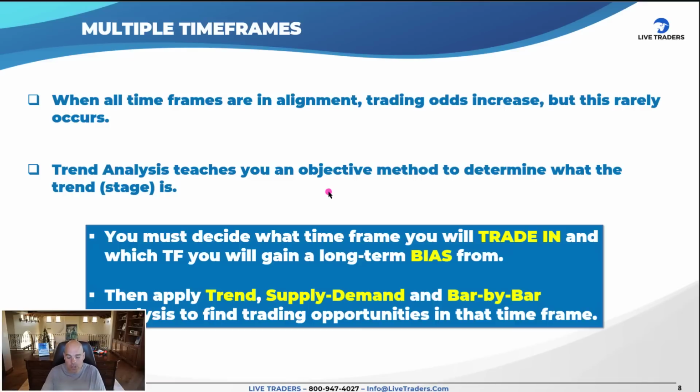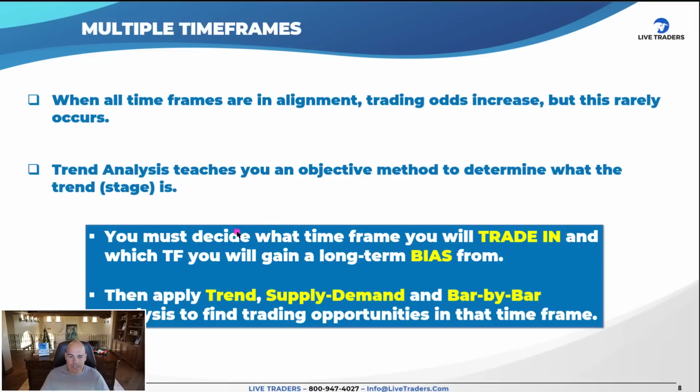So once you know the market stages, now you have a good understanding of the next move of the market, which helps you pick which side of the trade you should be on, but multiple time frames helps you pick the trade you should be in, right? The market helps you pick what side you should be on, higher, lower, neutral. Multiple time frames helps you pick which individual stock you should be trading.